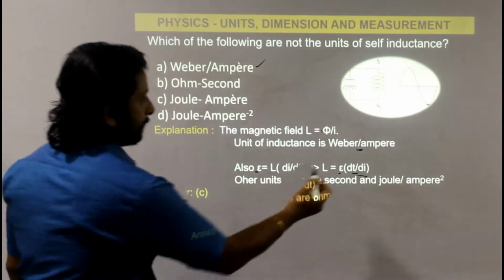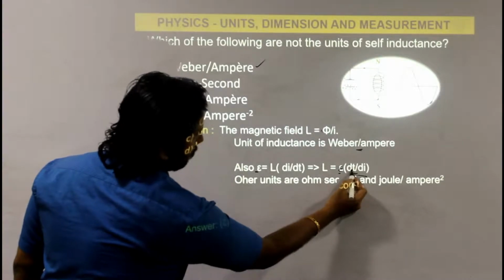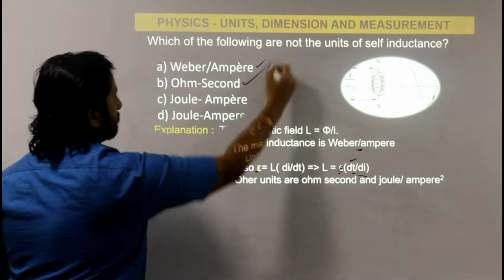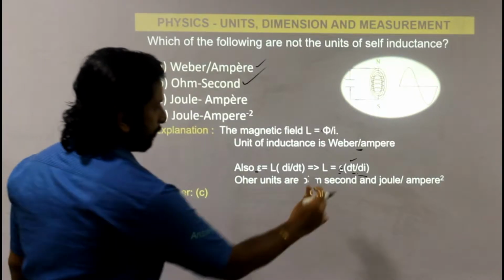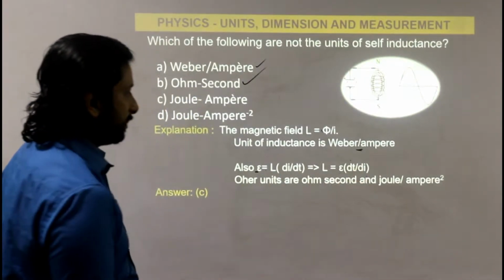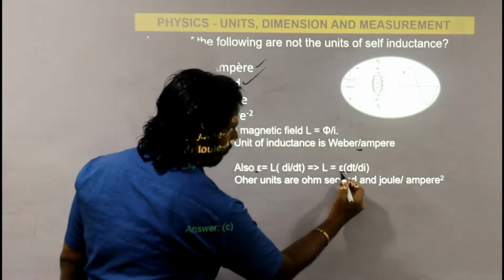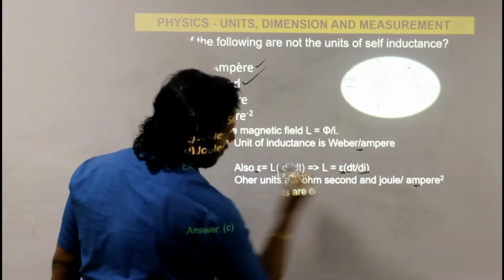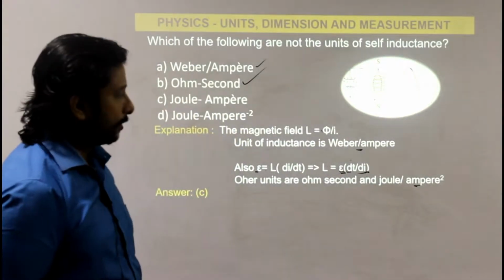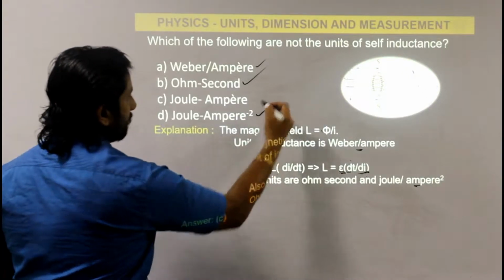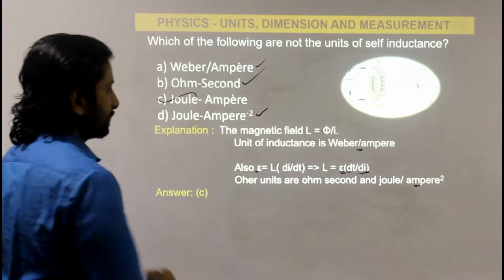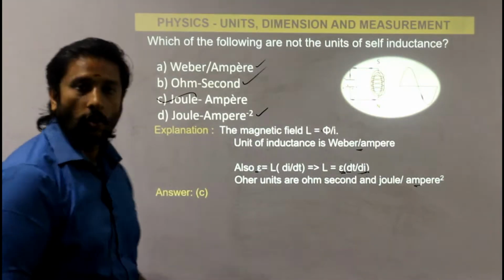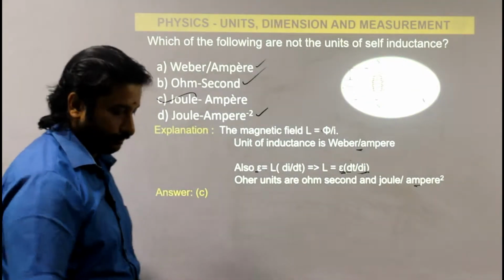Epsilon into dt is second, so this can also be a unit. Apart from that, epsilon into dt by di indicates joule per ampere square. Obviously this can't be the answer, so this is the right answer. The option is C. This is not the unit of self-inductance.